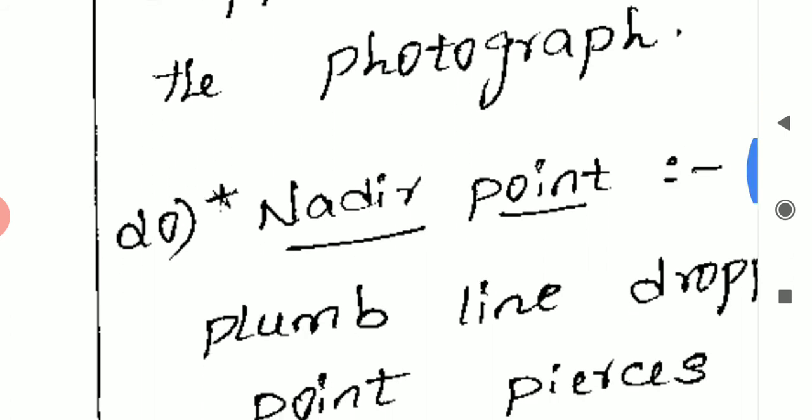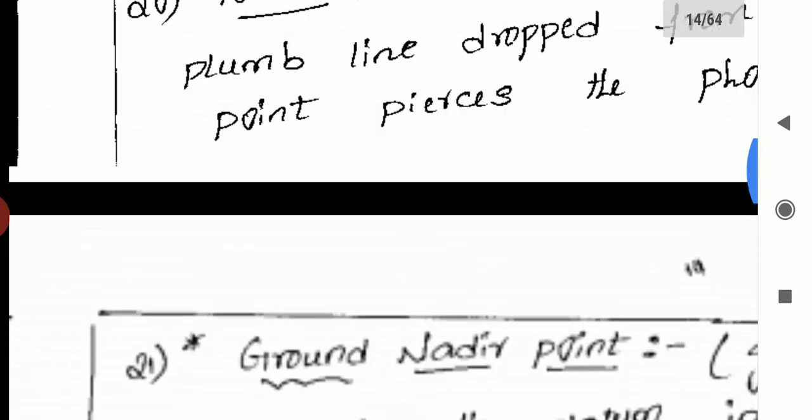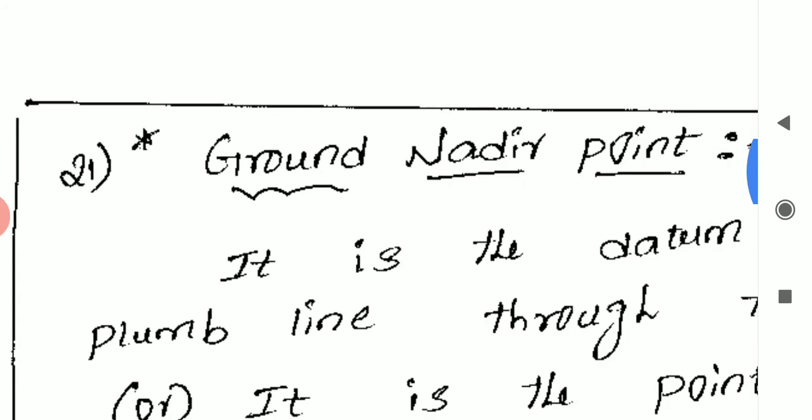Okay, ground nadir point: it is the datum intersection with the plumb line through the front nodal point, or the point on the ground vertically beneath the exposure station, such as the front nodal point N.